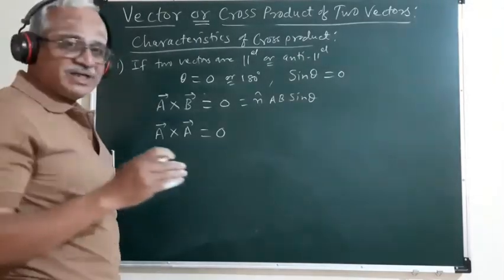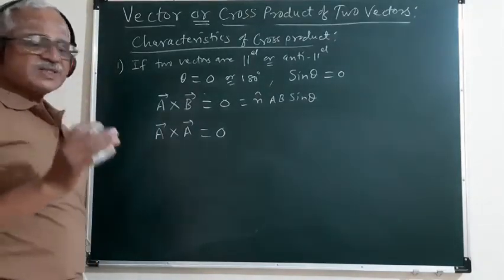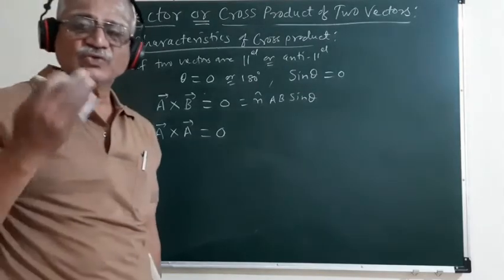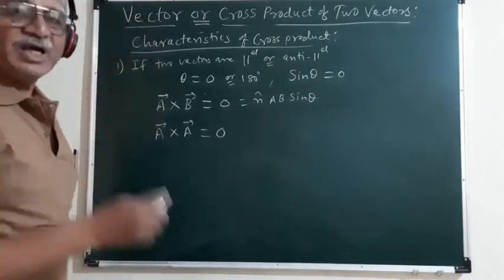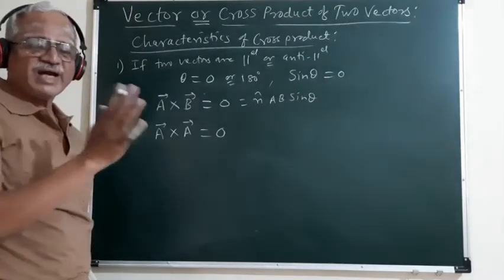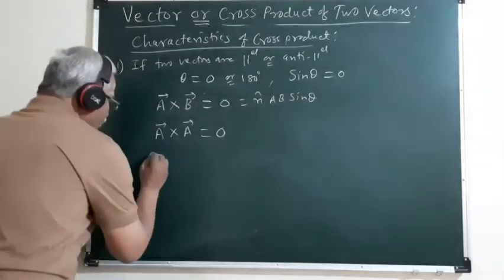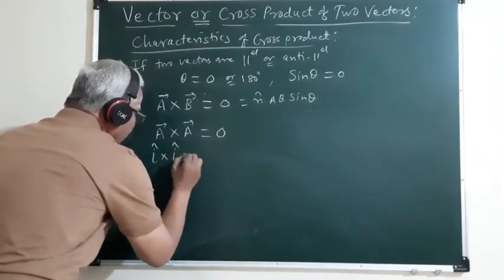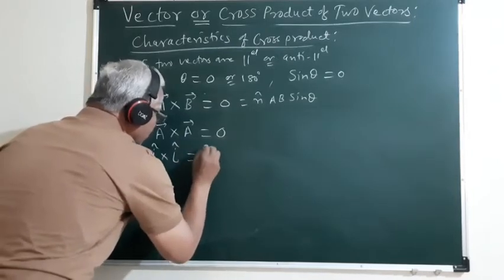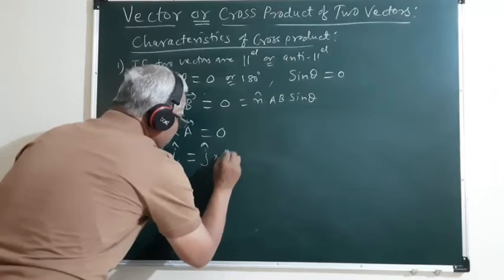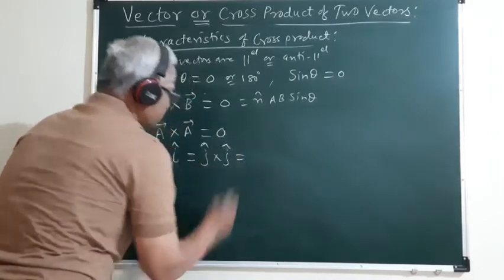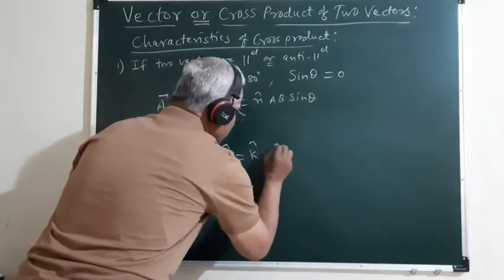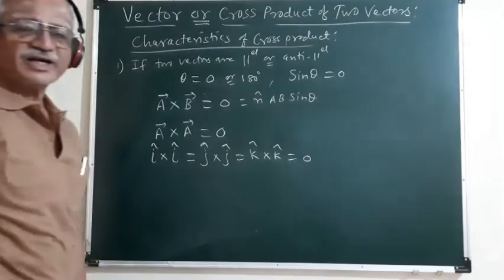And from this, it follows that if we consider the two vectors are nothing but the unit vectors that we use in case of the rectangular coordinate system along the positive directions of x, y and z axis respectively, then we can write the cross product of the unit vectors along x axis, that is i cross i, the cross product of the unit vectors along y axis, that is j cross j, and the cross product of the unit vectors along z axis is again equal to 0.